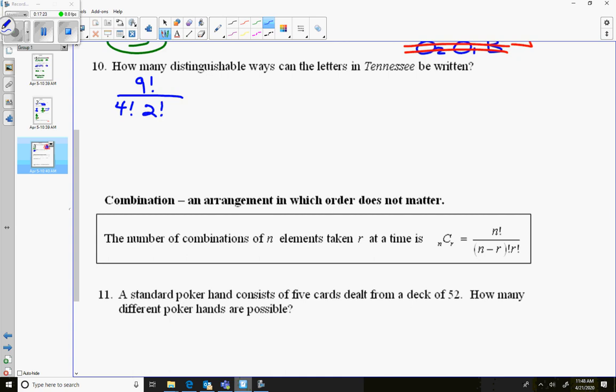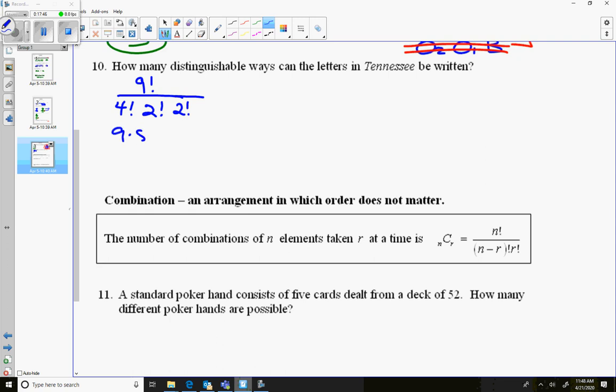Well, there's also 2 S's. Keep going. Like I said, that's just a generic formula indicating what's going on. You simply divide by whatever the repeats are, however many of them there are. So 4 factorial for the E's, 2 factorial for the N's, 2 factorial for the S's. And now just simply do that arithmetic.